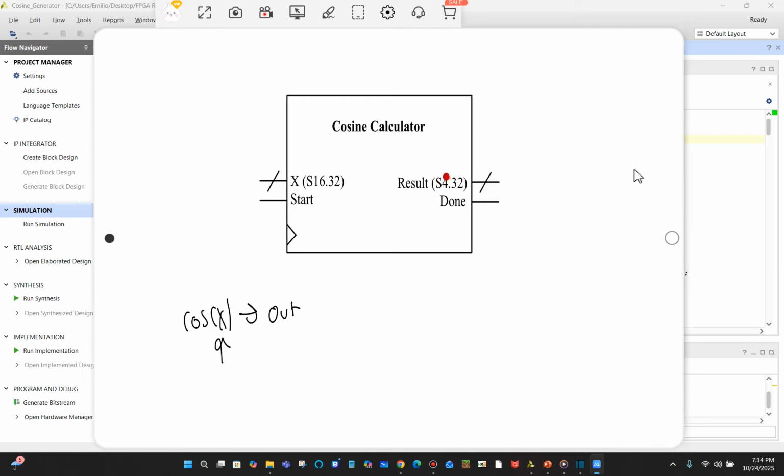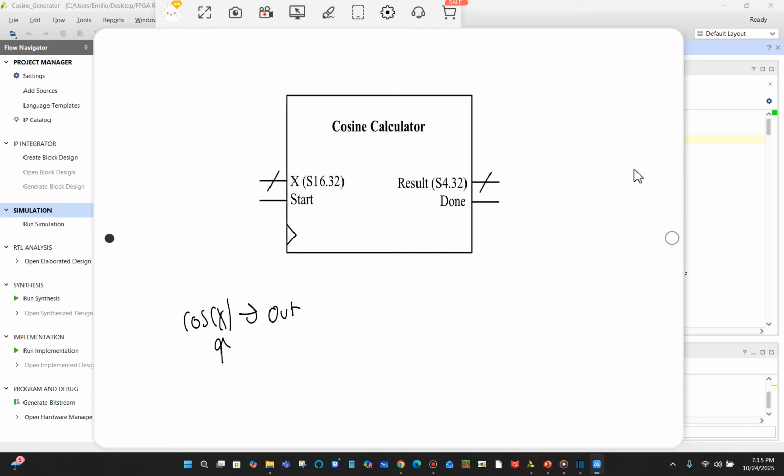It's also going to be a fixed point number with 4 bits of integer, 32 bits of fraction. And we only need 4 bits of integer because cosine, if you can remember, only oscillates between a small range, between 1 and -1. So we only need just a couple bits of integer. No big numbers are going to be there. So that's what that does.